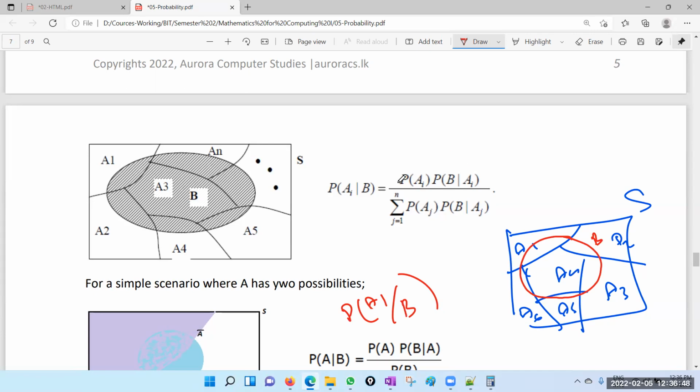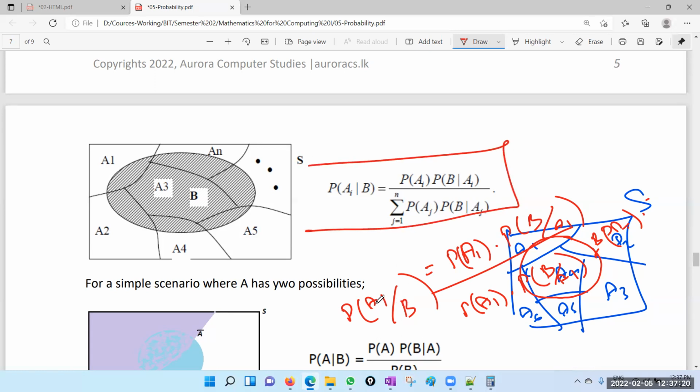This is how you calculate it: PA1 into PB given A1, divided by PA1 into PB given A1 plus PA2 into PB given A2 plus PA3 into PB given A3, and so on. You have to take them entirely. And that is your probability of, say, A1 or A2 or A3 happening given B has happened. Okay. So that is how you do it.